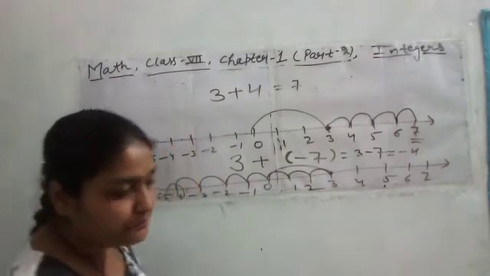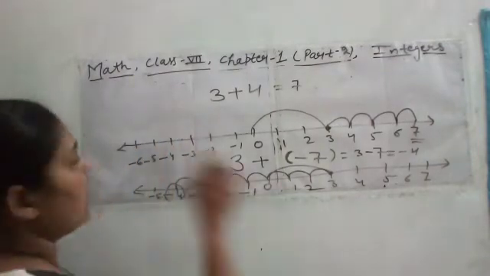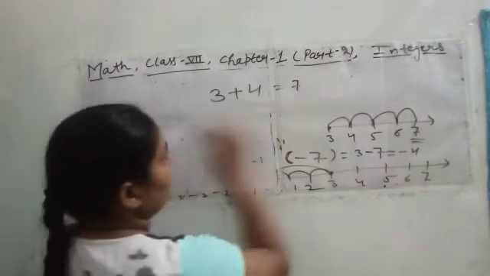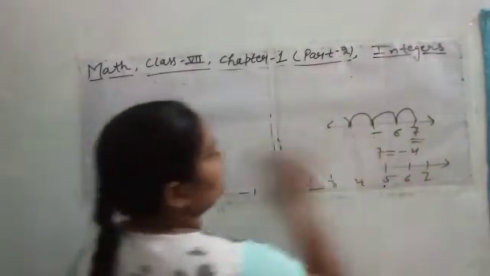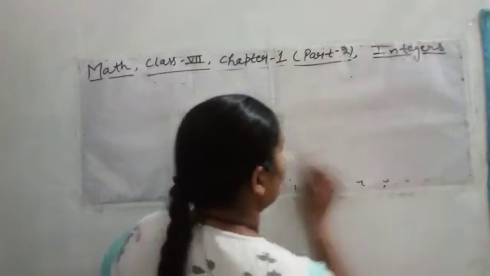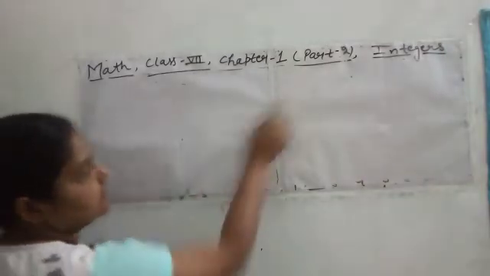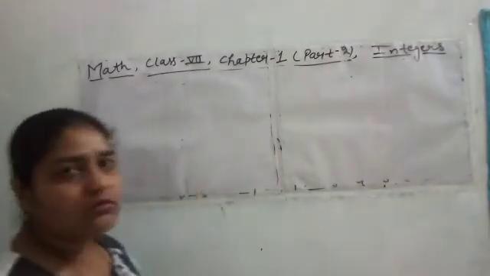Now I will tell you the solution of integers without a number line. Here I will tell you some rules. These rules you have to keep in your mind, then only you can solve the integers. You can note them down also.